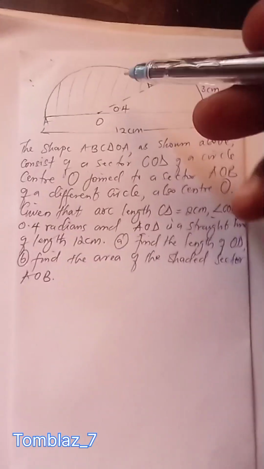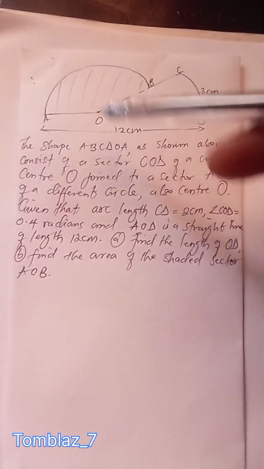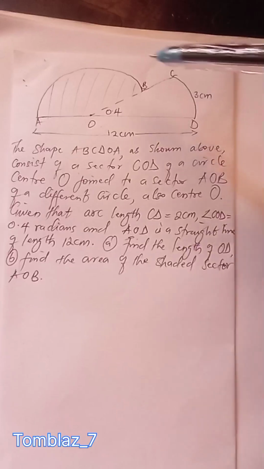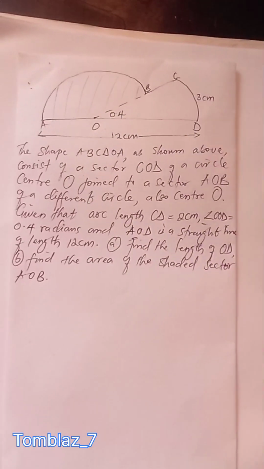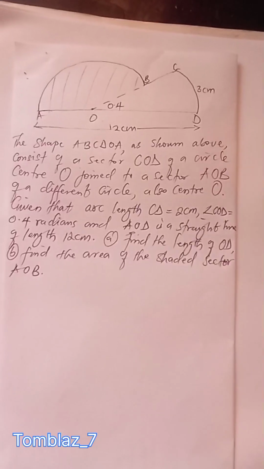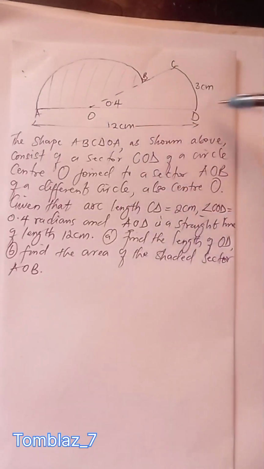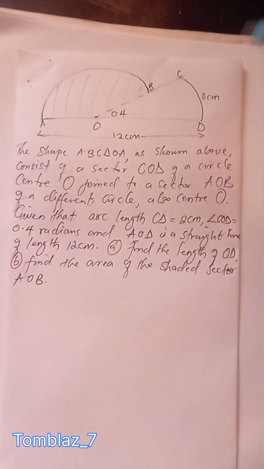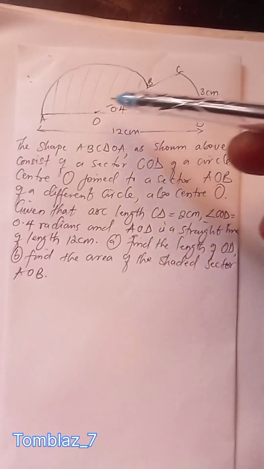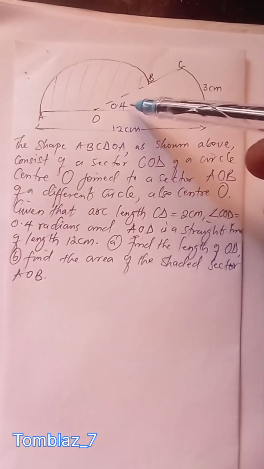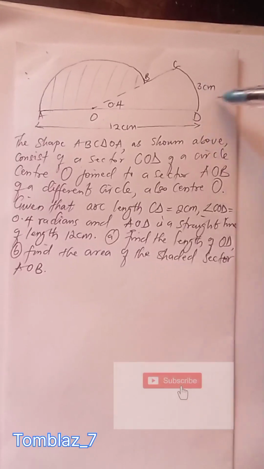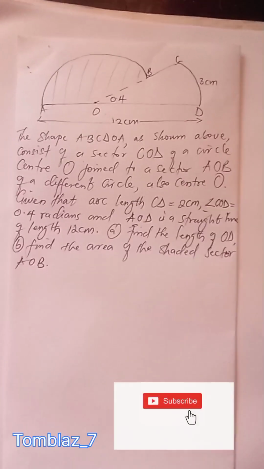So if you observe critically, you can see that these are two circles, right? They are made up of this sector and this sector, from different circles. Starting from this one, we'll see that this sector has a center, and the angle at that center is 0.4 radians, and it has an arc of 3 centimeters.